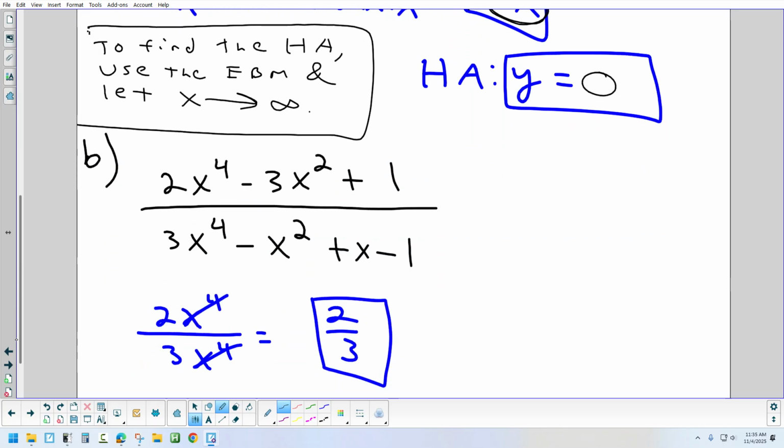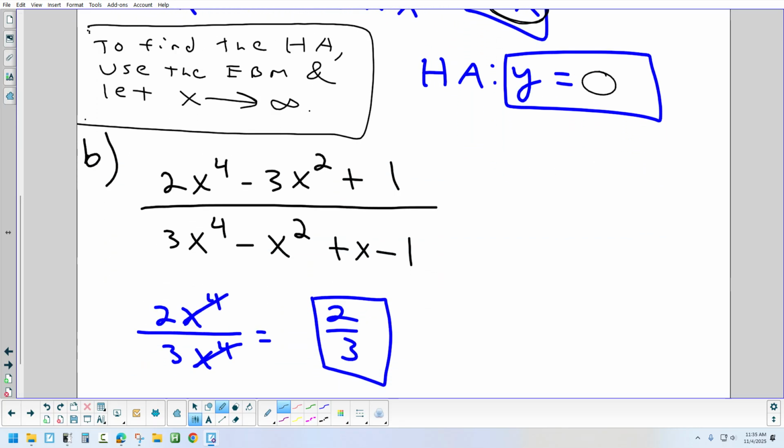So let's follow these directions again, and let's find the horizontal asymptote here. It says, use the EBM and let x approach infinity. So what happens to this fraction as x starts to get bigger and bigger? There's no x.